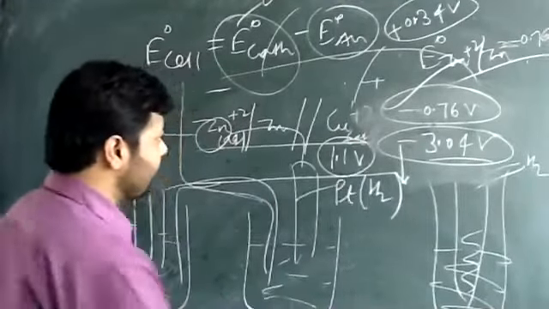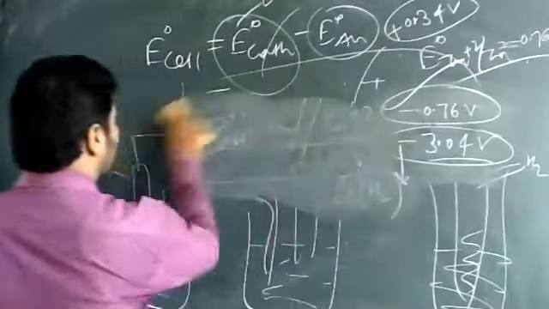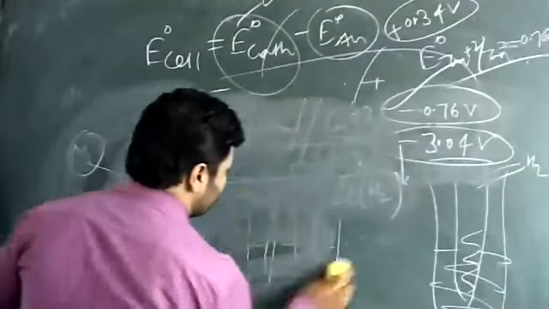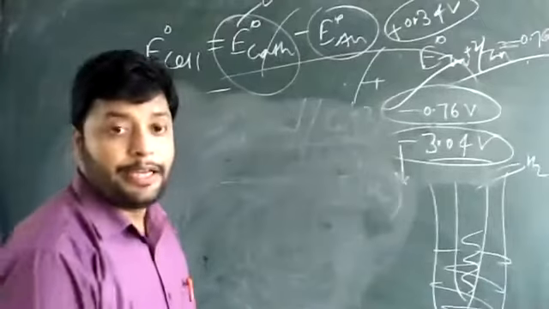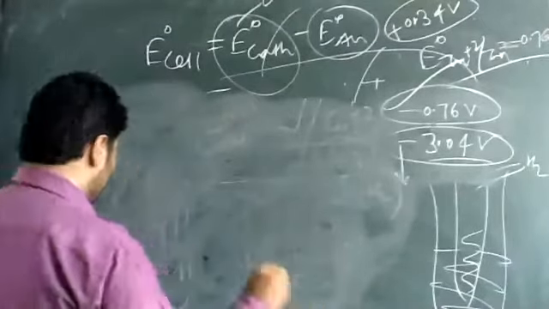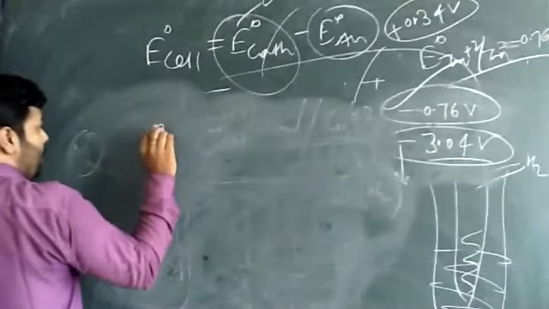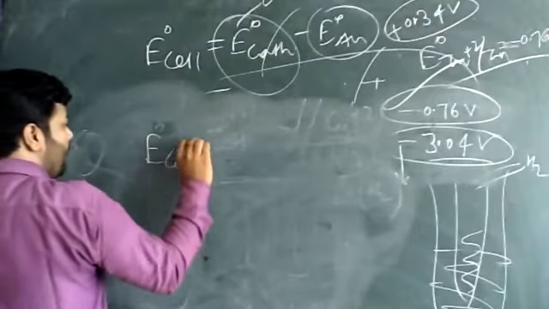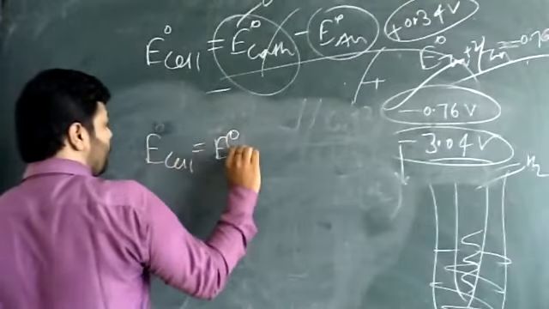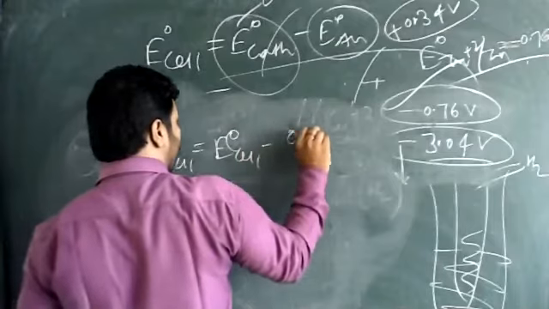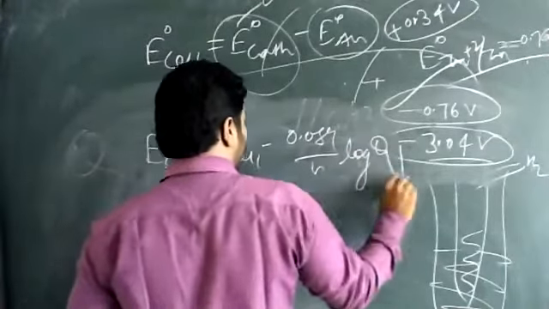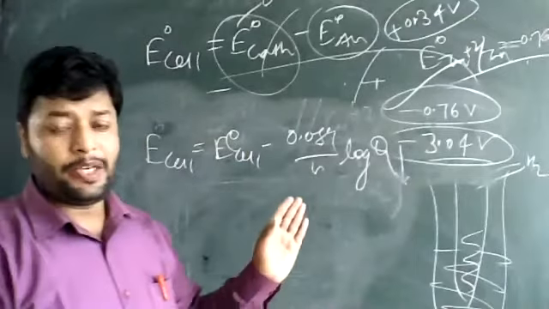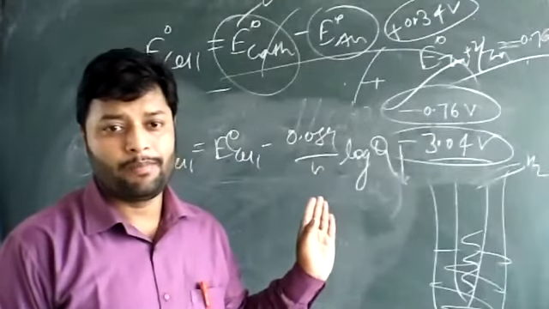Next, the thing is how to compare all these if the concentration is different, and for that we are having a formula. This is one of the most important formulas we have in this chapter.